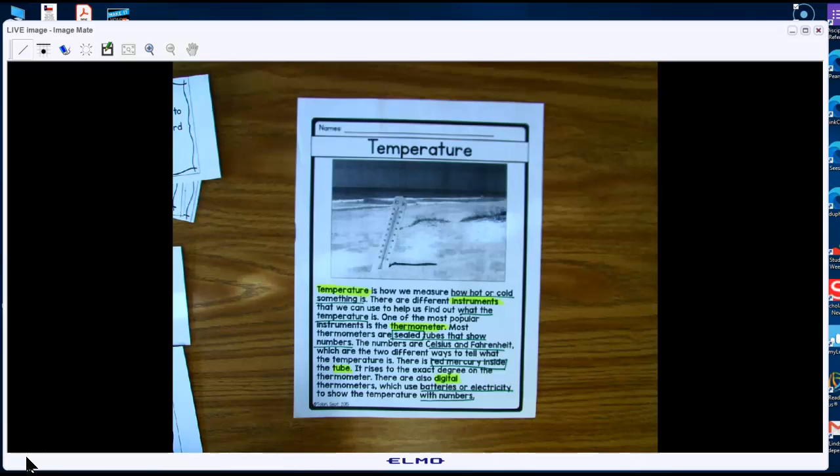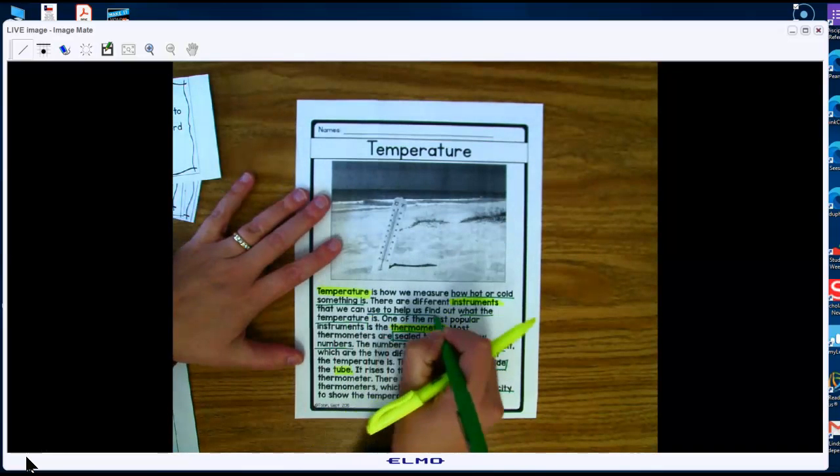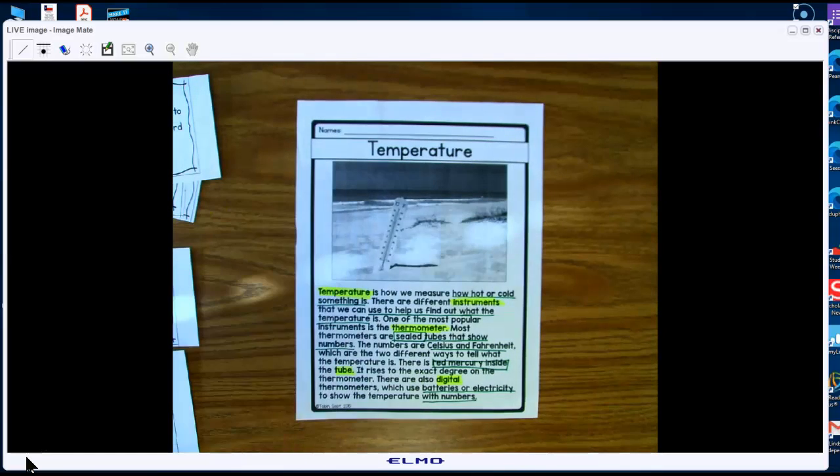Xavier? No. An instrument that we can use to help find out what the temperature is. So instrument in this one is something we can use to find out the temperature, like a thermometer. The thermometer is an instrument.